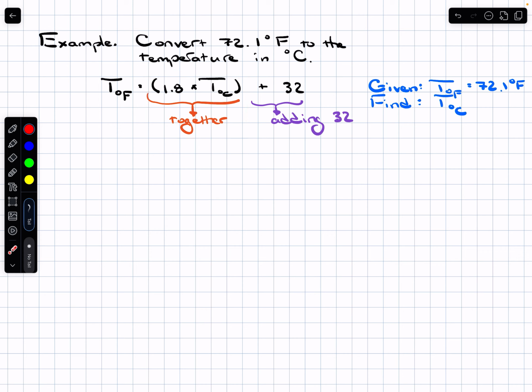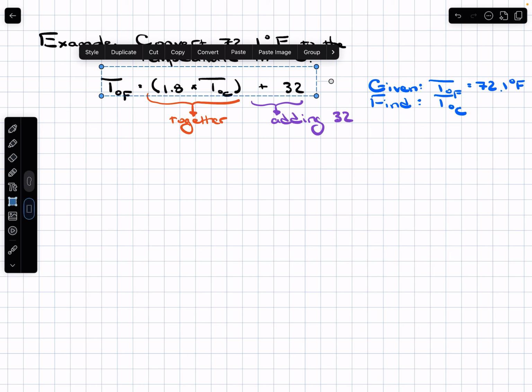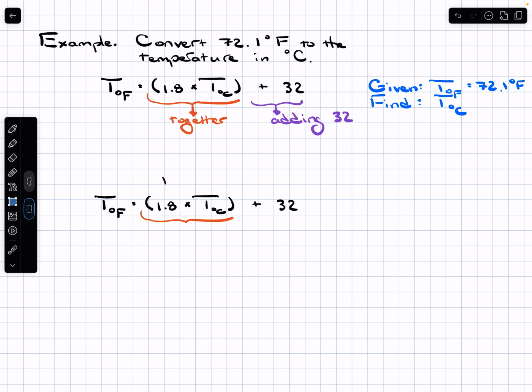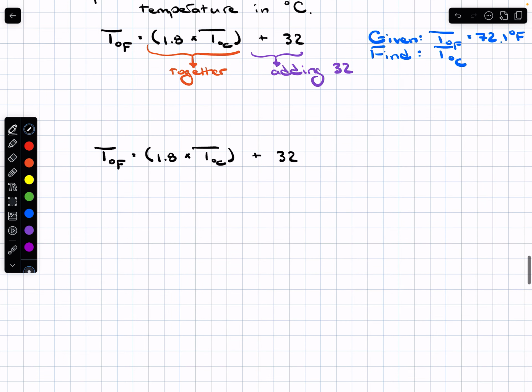All right, so rather than continually copying and pasting everything, or writing it over again, I should say, let's go ahead and copy and paste here. And get rid of that. Let's see if we can start to move some things around. So the first thing we want to do is to try to get that temperature in degrees Celsius by itself as much as possible.